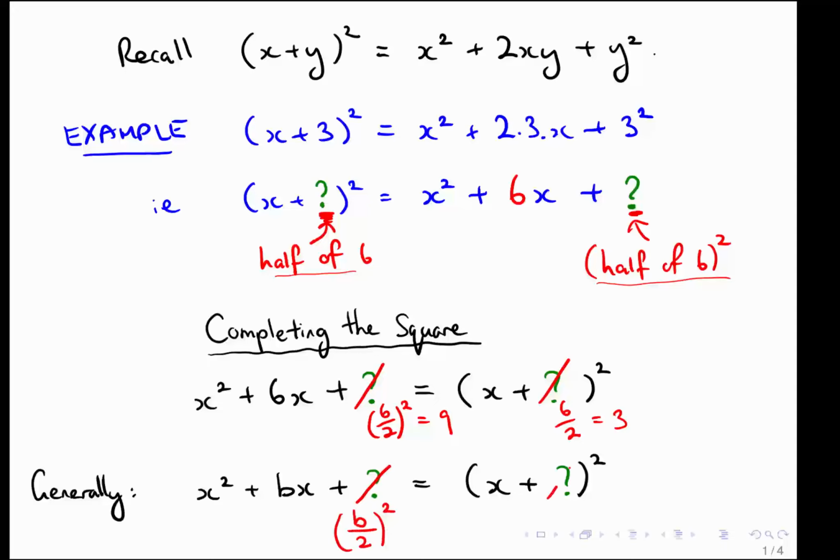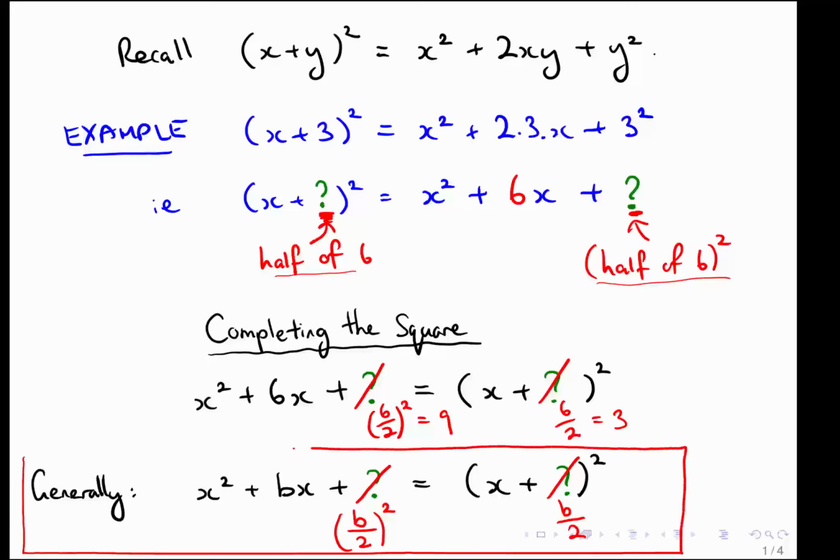And the constant in the binomial is just half the middle coefficient, no squaring needed. Note that this formula assumes that the coefficient of x squared is 1.